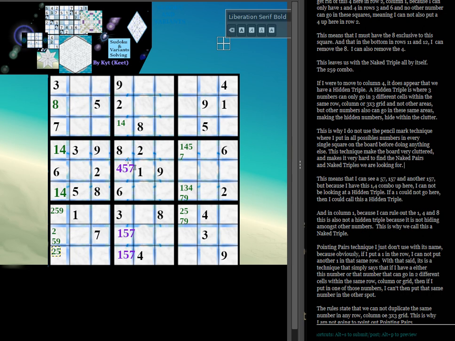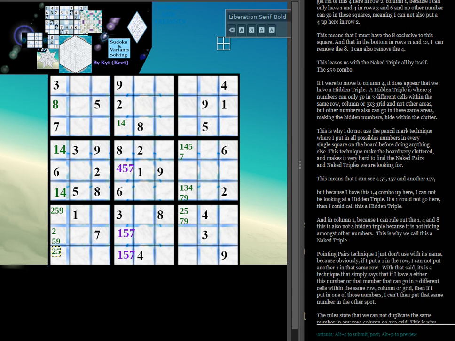Now this means I can see a 5, 7, 5, 7, 1, 5, 7 as my hidden triple. But because I have this 1, 4 combo up here, I cannot be looking at a hidden triple.